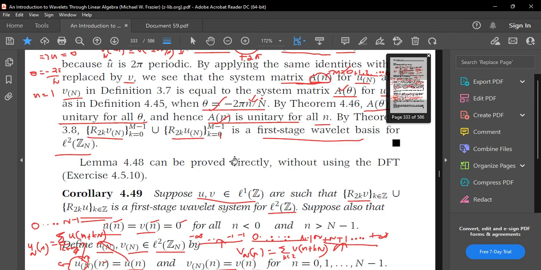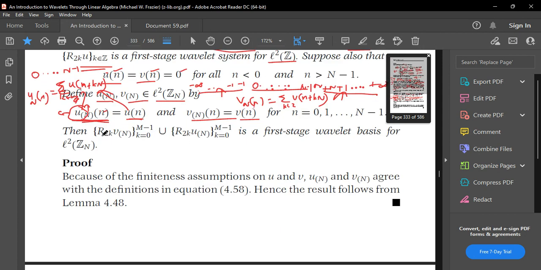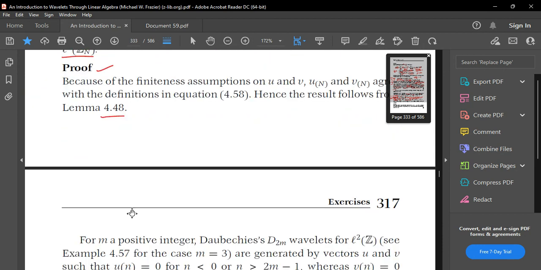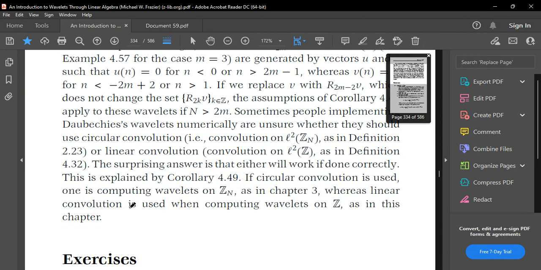This is the proof that we have written. The only point is that this statement can be written in summation form, and we apply the earlier lemma 4.48.